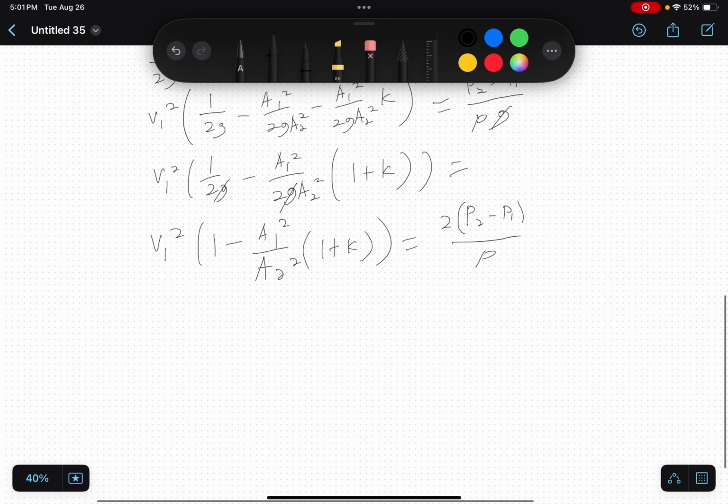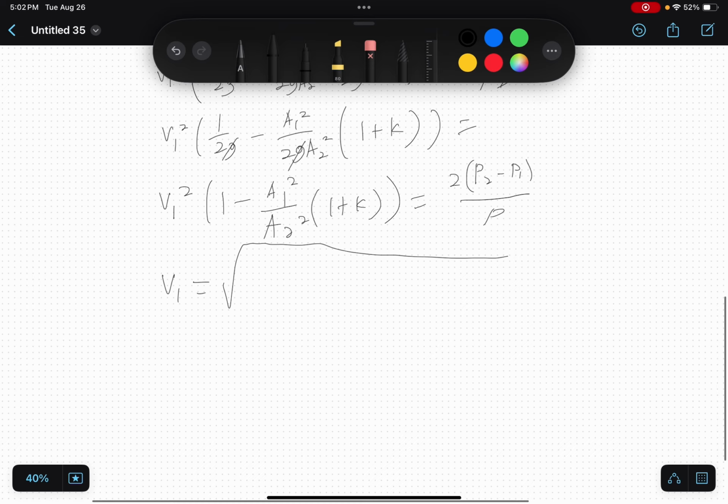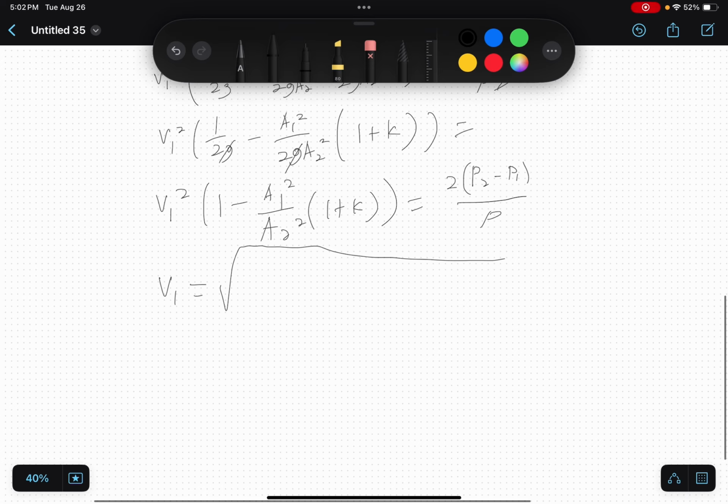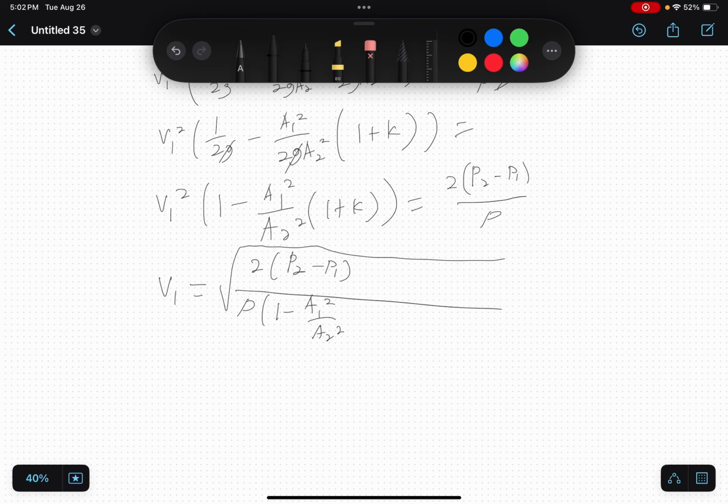And then we can divide this chunk over and take the square root. So we get V1 equals the square root, and it's going to be the positive, not the negative. Yep.